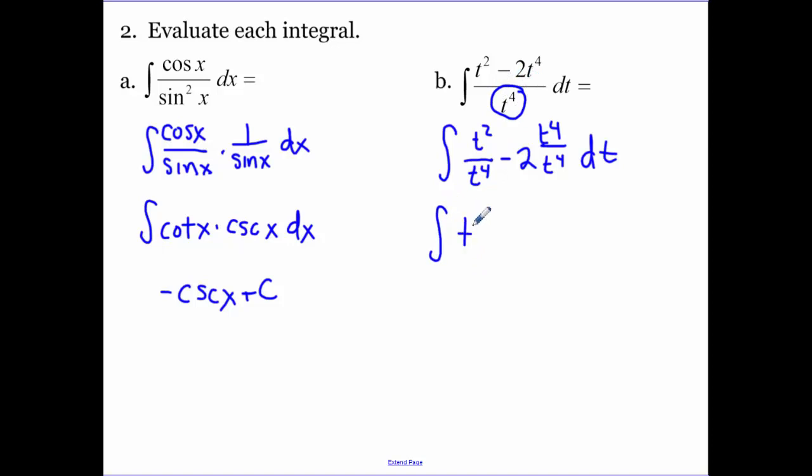Now I'm going to simplify that to t to the negative 2 minus 2 dt. Now I'm going to add 1 to this exponent. Adding 1 to that exponent gets me negative 1. 1 over negative 1 is negative 1, minus 2t plus c.